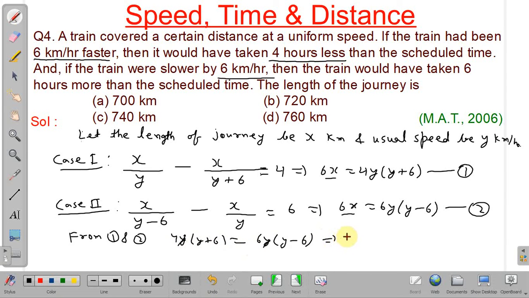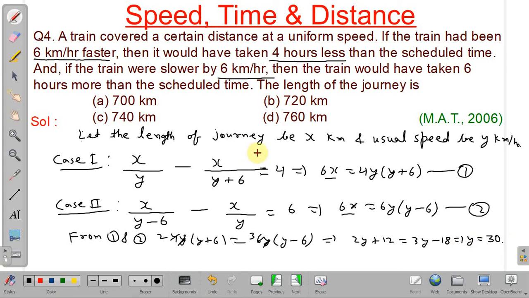Now we will get 3 into y minus 6 equal to 2 into y plus 6. So we will divide by 2 and 3. So 2y plus 12 equal to 3y minus 18. And from here we will get y equal to 18 plus 12, that is 30.